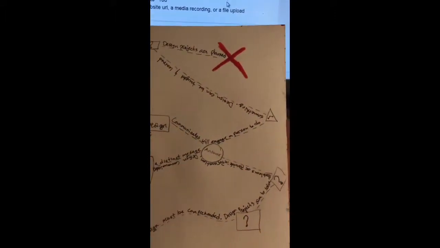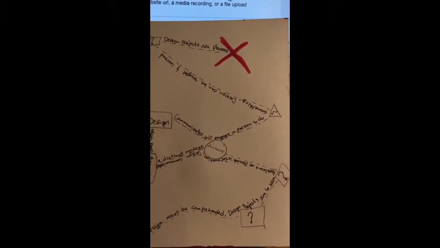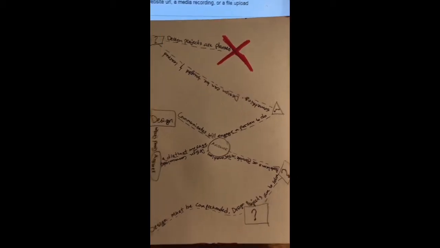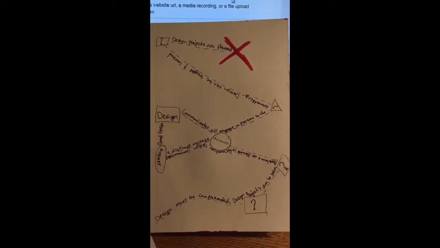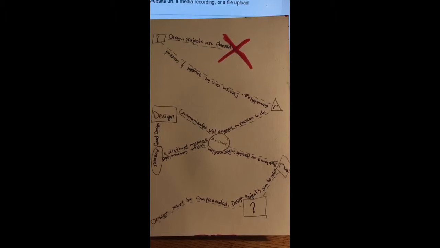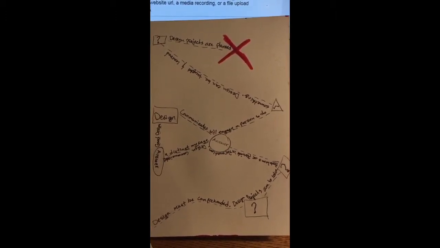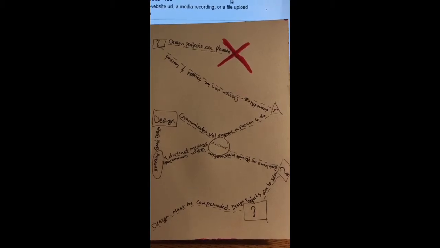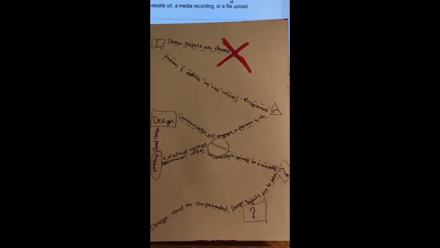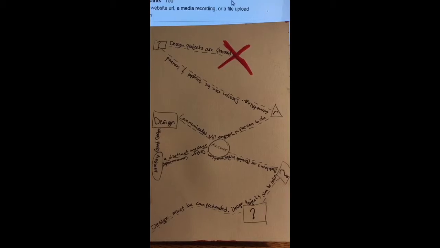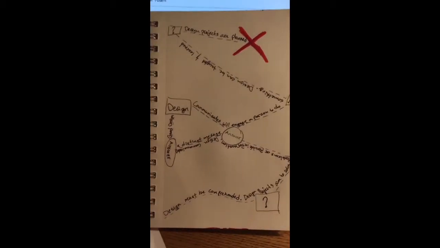So this week, in our vocabulary assignment, we had a few words that we had to look up and do creative illustrations for. I started off with design, and I just looked up design on the internet, and I went ahead and wrote out different meanings on a map, basically.